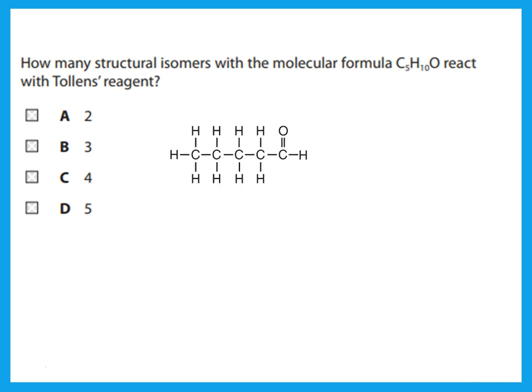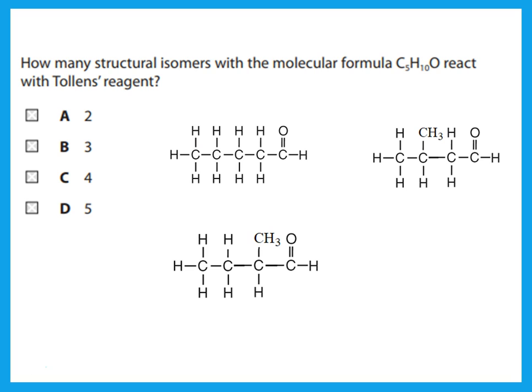This is one aldehyde with 5 carbons. This is another aldehyde if it is 4 and it has a branch. This is another aldehyde if the branch is on a different carbon. This is another aldehyde when you have the 3 carbons and then 2 methyl groups as branches. So this gives us 4 different isomers that can react with Tollens because they are all aldehydes.